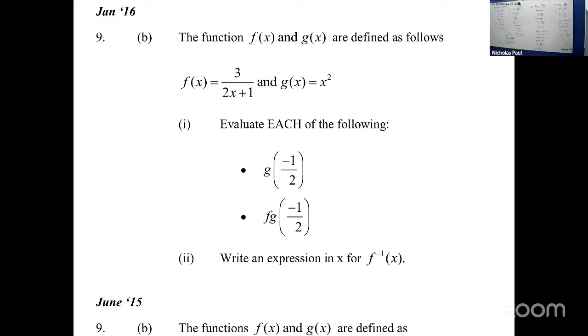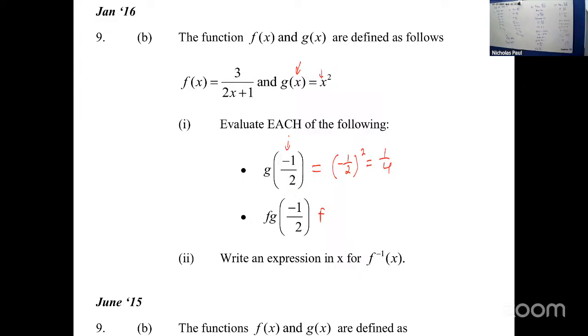I'm just checking your first two parts. Question one is g of minus a half. It means x is replaced by minus a half. So replacing this x and this x with minus a half, I get minus a half squared, which is a quarter. Next, you want to find f of g of minus a half.